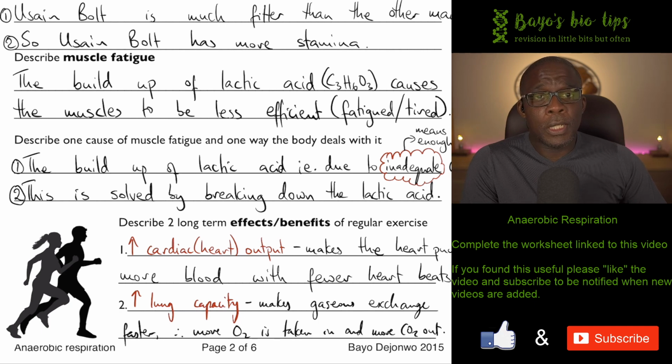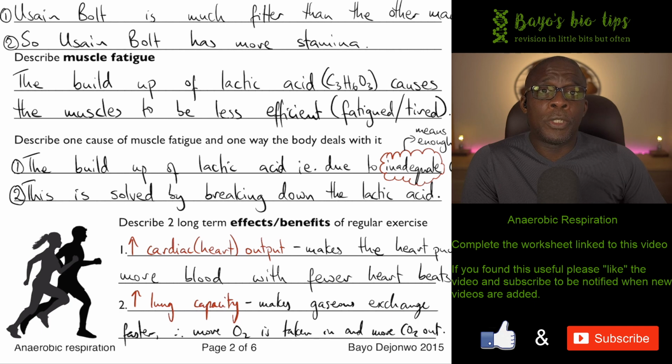In fitter people, their lung capacities are also greater. Why is that helpful? A greater lung capacity means that their bodies can take in oxygen from the air faster and remove carbon dioxide and water vapor faster. The net effect of that is that their muscles have a greater supply of oxygen and are better able to use aerobic respiration rather than anaerobic respiration.